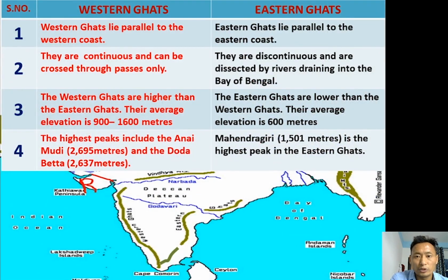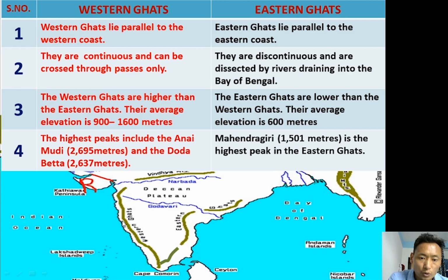Here we are going to compare, or distinguish between, the characteristics of Western Ghats and the Eastern Ghats. Western Ghats lie parallel to the west coast. So this is the location of Western Ghats, and here we have the west coast.